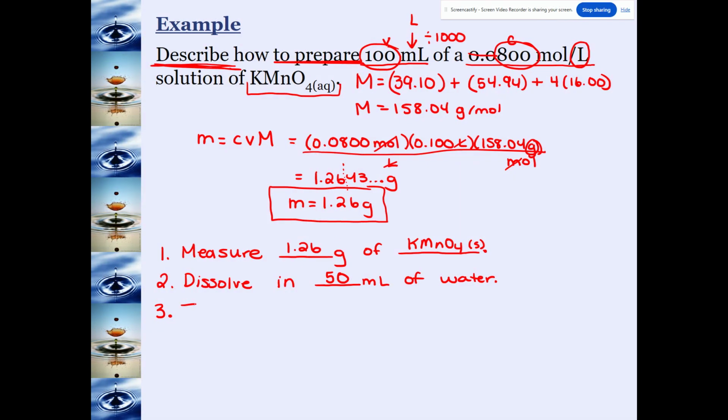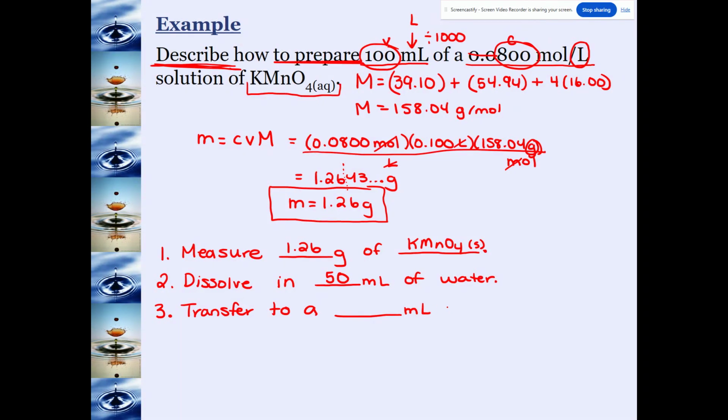Then we're going to transfer it. And again, I have to say what size of volumetric flask I'm using, because they come calibrated to only 1 volume, so you have to use the correct one. They come in volumes of 50 milliliters, 100 milliliters, 500, 1,000, 2,000 milliliters.